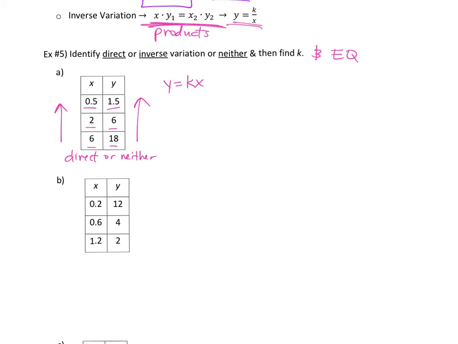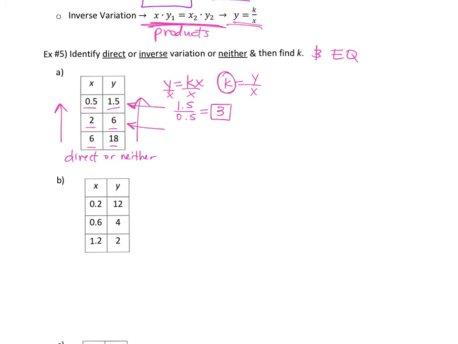Okay, remember direct variation, if we solve for k, our k is always going to be y divided by x. So to see if k is actually a constant in this problem, we're going to take our y divided by our x, 1.5 divided by 0.5. If you plug that into your calculator, you get 3. Okay, so that's k on those first two points.